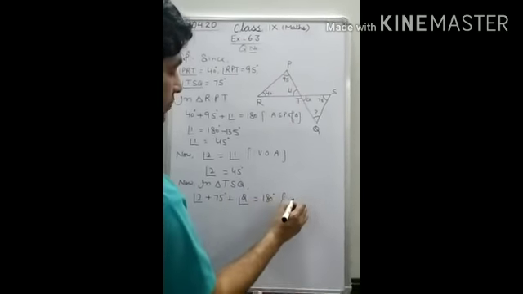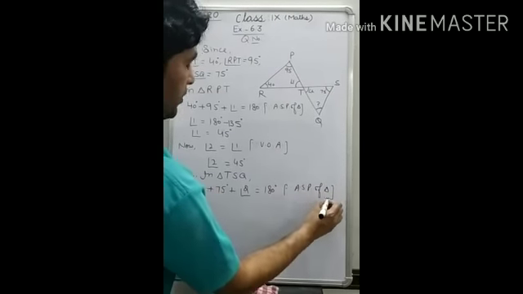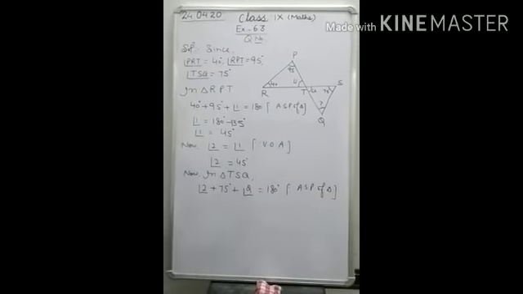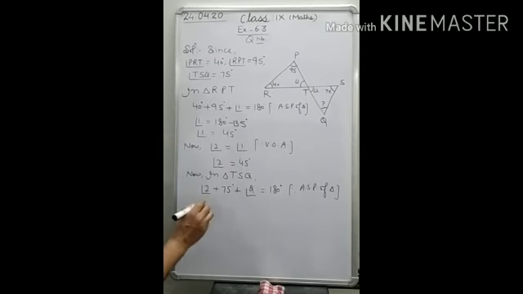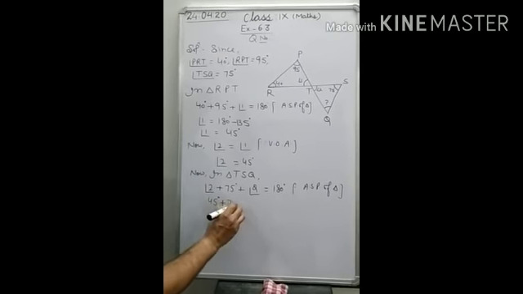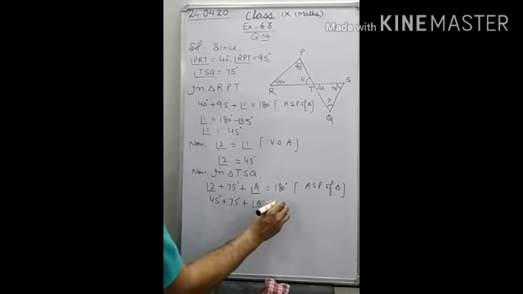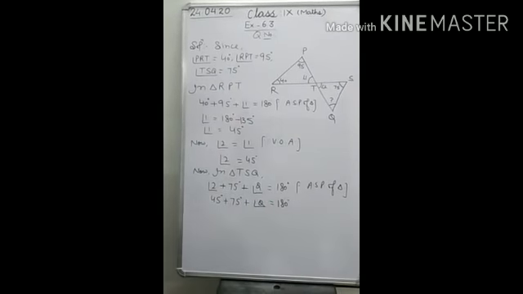What is the reason for that? Again the angle sum property of a triangle. Now in this you put the values. Here the measure of angle 2 is what? It is 45 degrees plus 75 degrees plus angle Q, that is equal to 180 degrees.